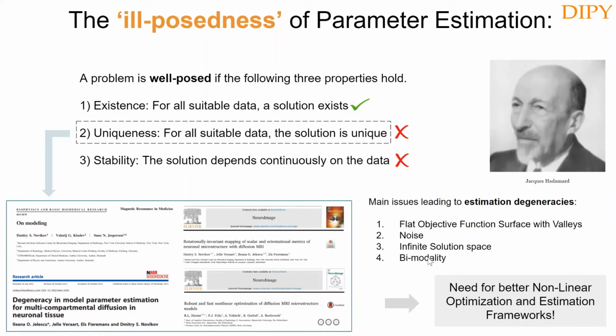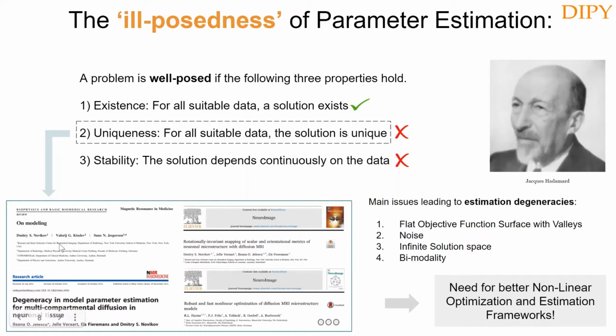And it is bimodal, meaning that there are two solutions, right? So if the D star and the D, that is the perfusion and the diffusion, come very close to one another, then the model will not be able to distinguish which one belongs to diffusion and which one belongs to perfusion. And this has actually been shown in multiple papers in the past.